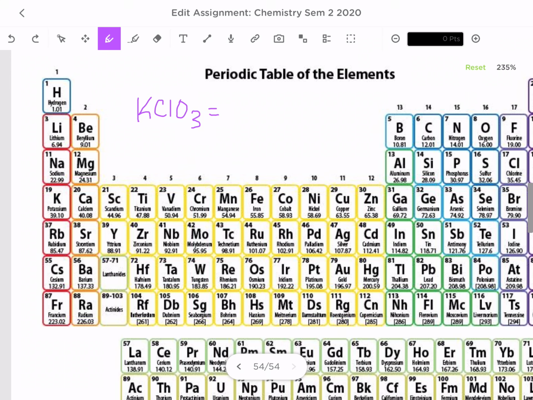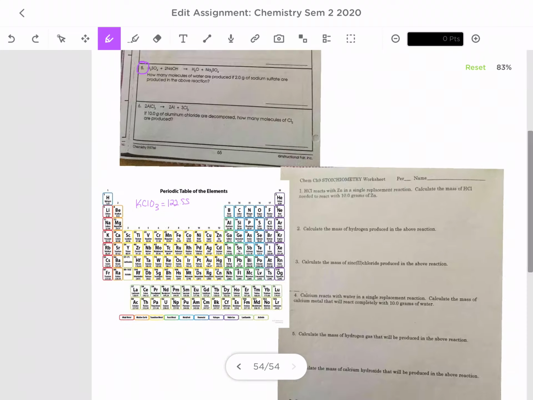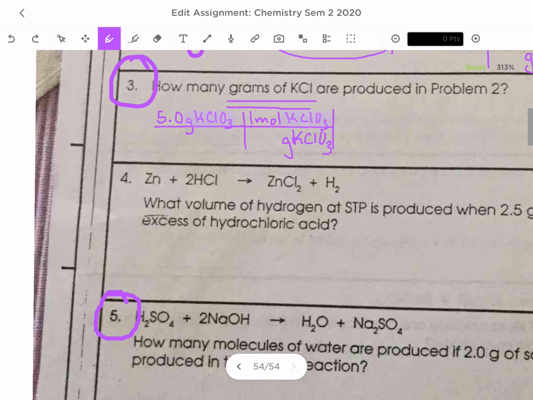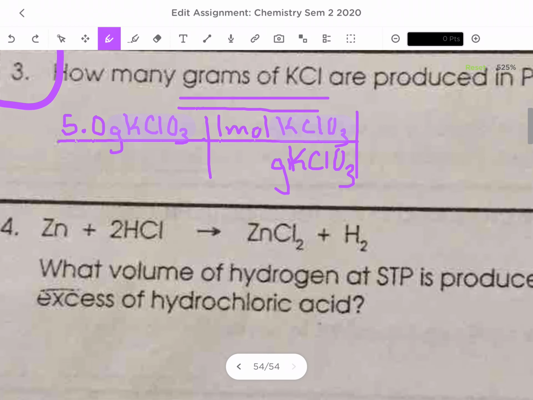So I'm going to add up potassium, which is 39.1, plus Cl, which is 35.45, plus 16 times 3 oxygens, which gives me 122.55. Okay, so that's the value that I put here, 122.55.